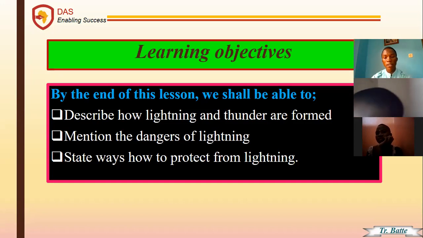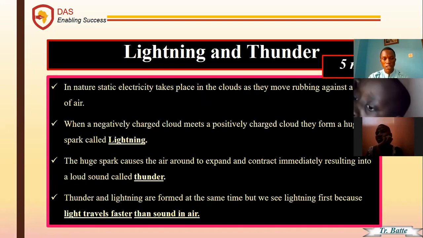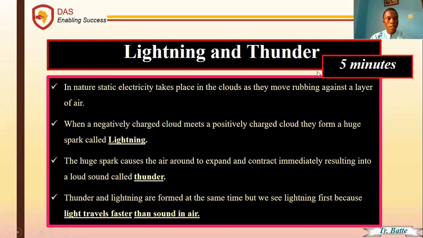So basically today's lesson, we are still on static electricity, and we are going to look at how we can defend ourselves from lightning, the dangers of lightning and how it takes place. On this screen, you can see lightning and thunder. I hope you can see that, right? So without wasting time, let us start.